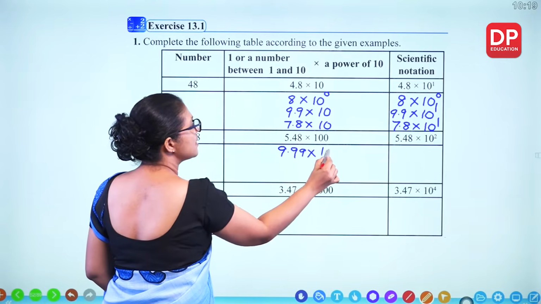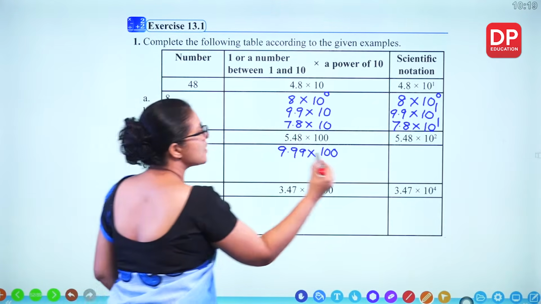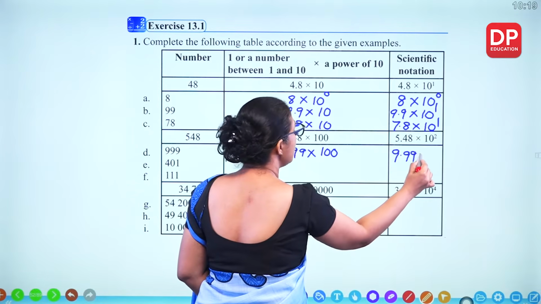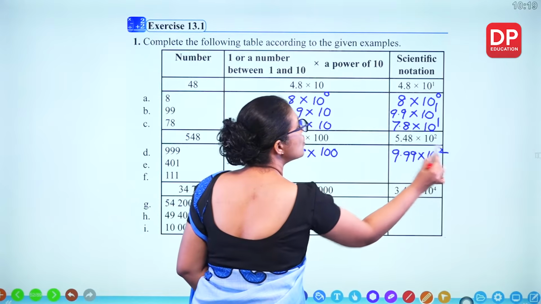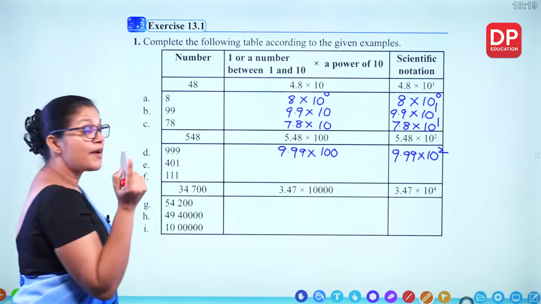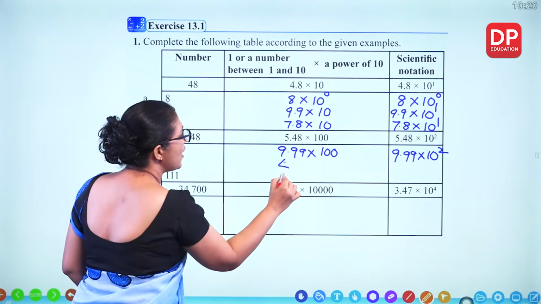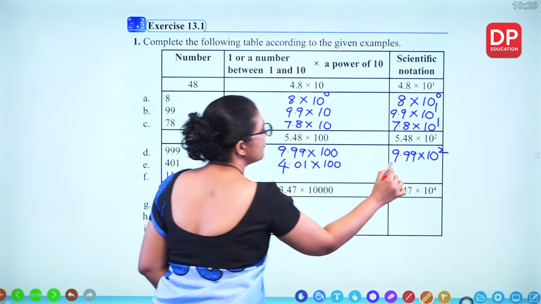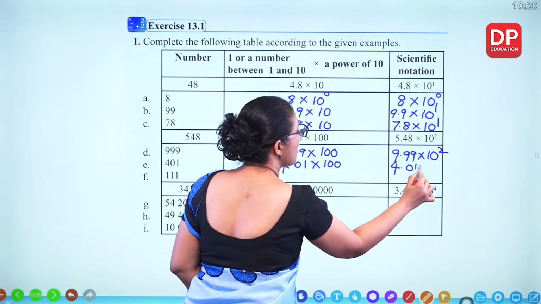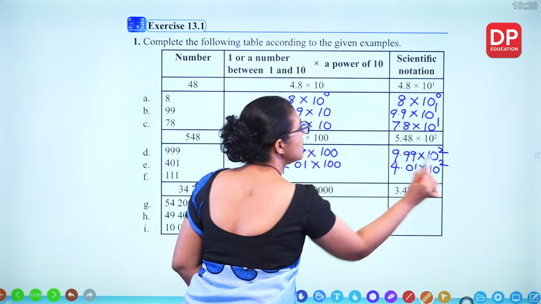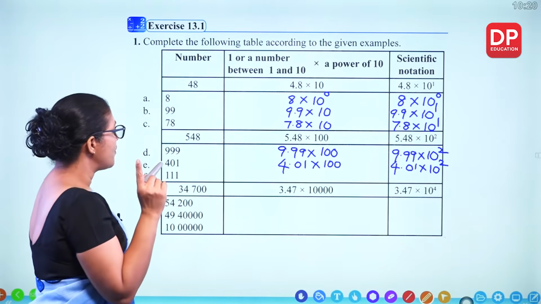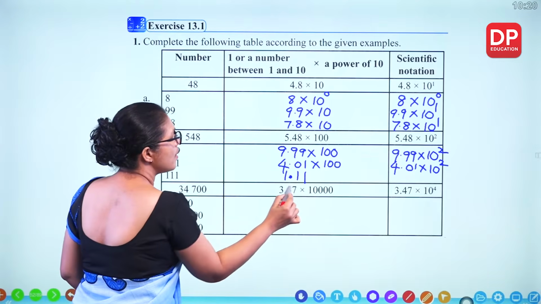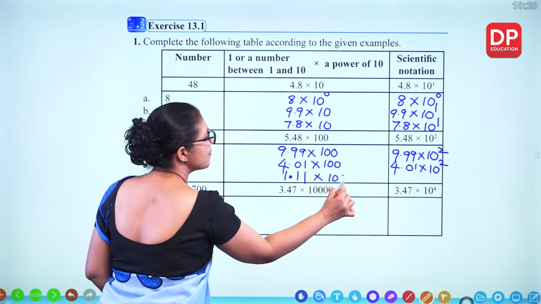9.99 multiplied by 100. So what's the scientific notation? 9.99, 10 to the power 2. 401, 4.01 into 100. This becomes 4.01 into 10 to the power 2. 111, I can write 1.11 into 100.